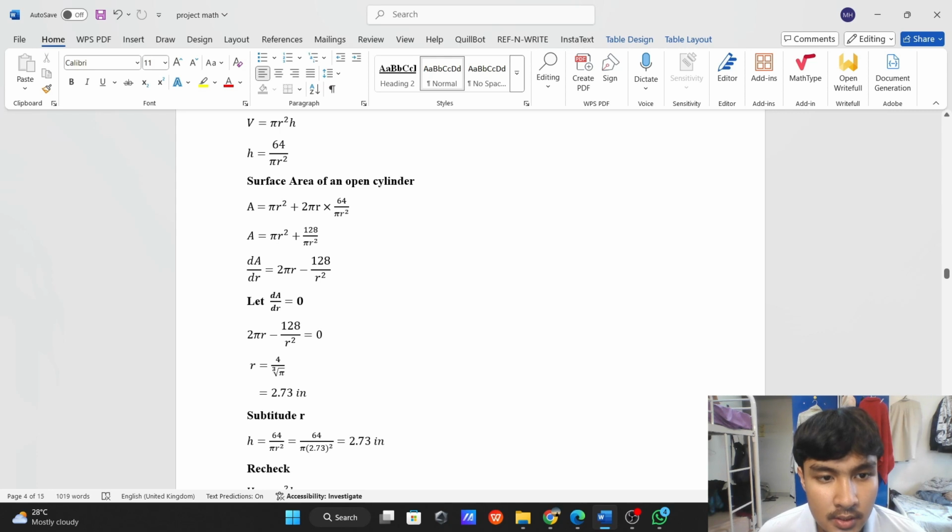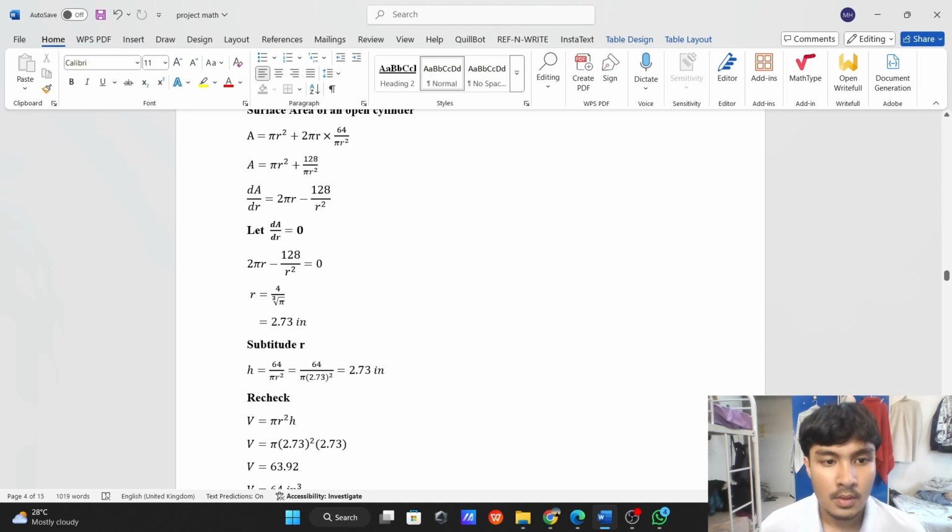We differentiate the area, we got 2 pi r minus 128 over r squared. We let the differentiation of area equal 0. We got r equals 4 over the cube root of pi, equals 2.03 inch.